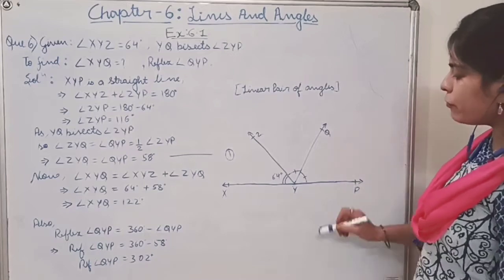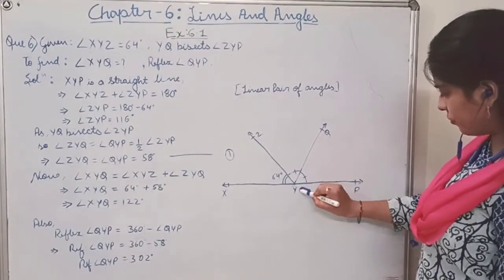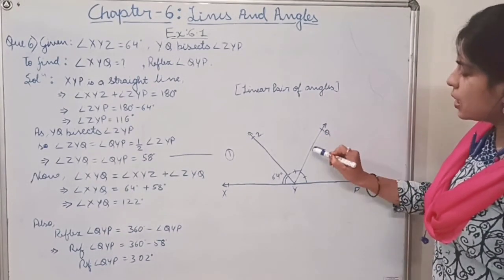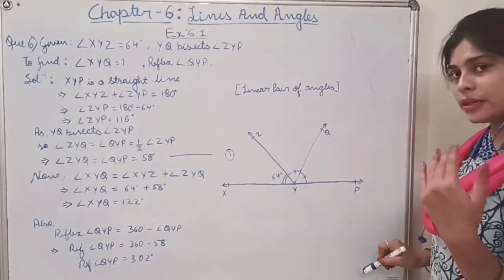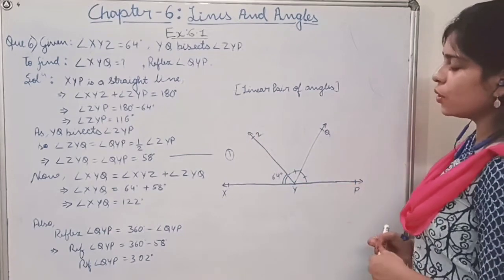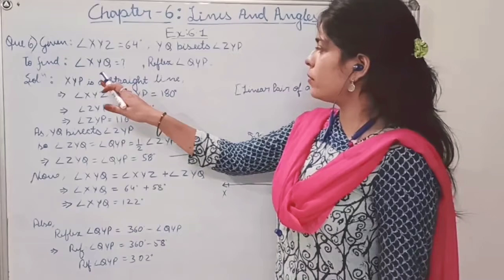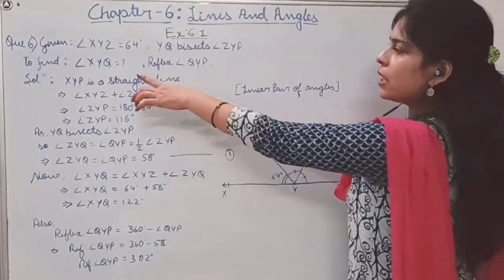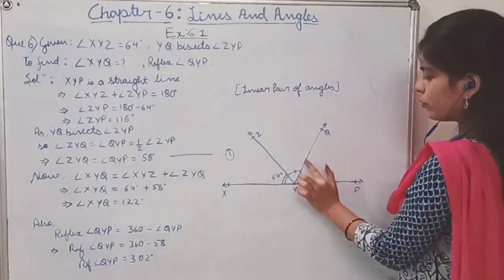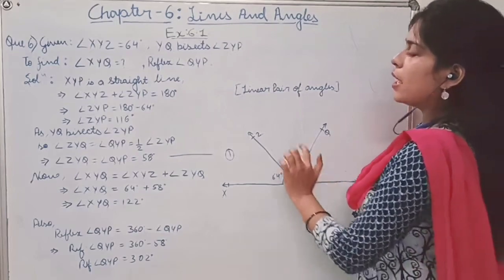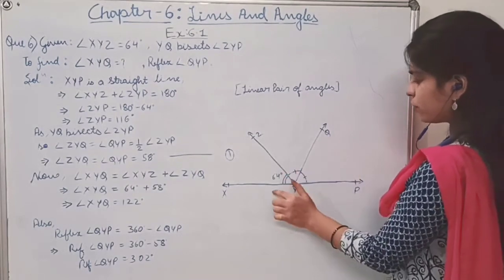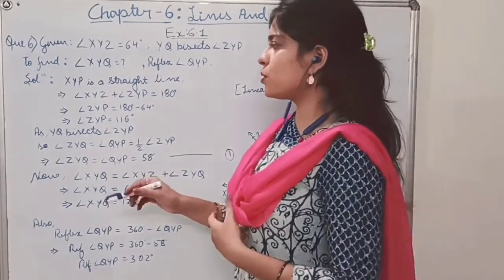Also, we have to find angle XYQ, the measure of this angle, and reflex of QYP. This is QYP, so reflex of QYP will be this. Now see the solution.